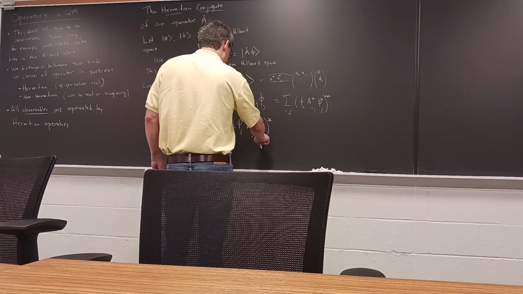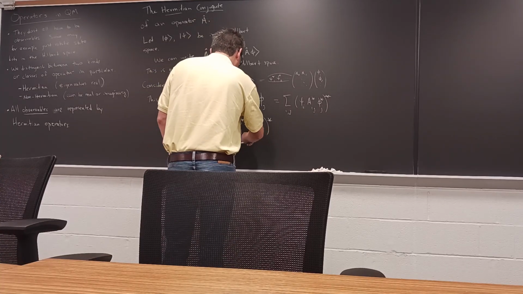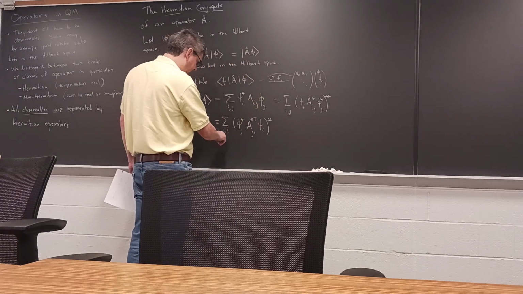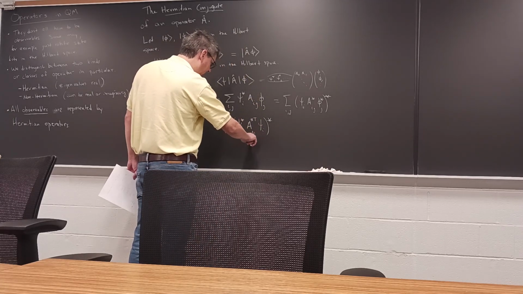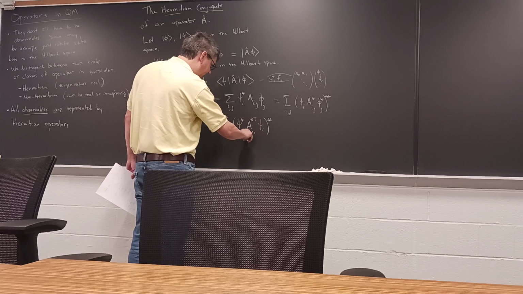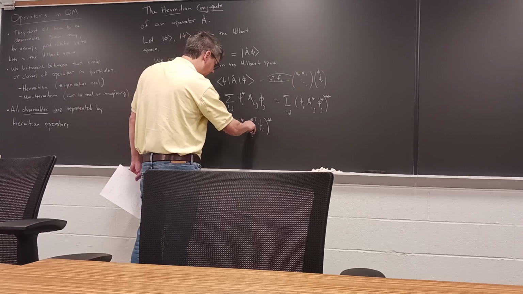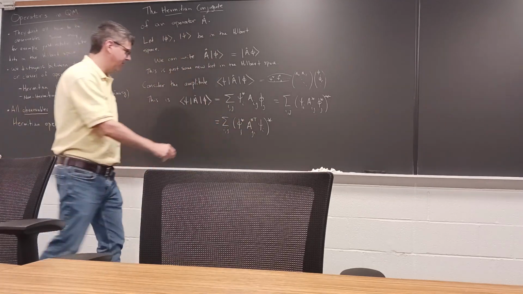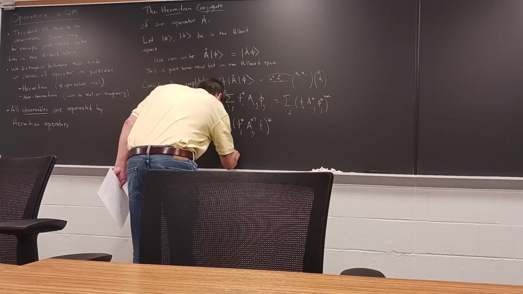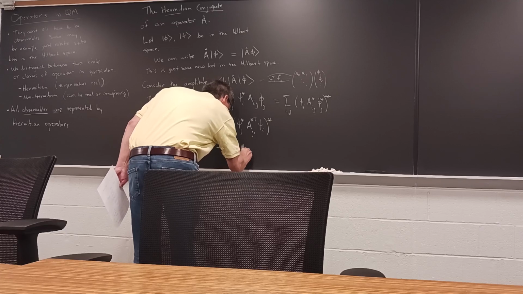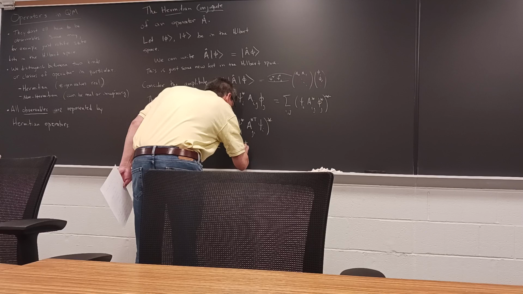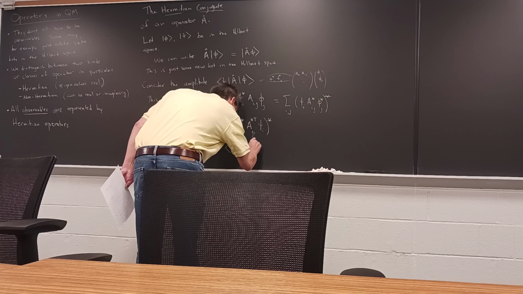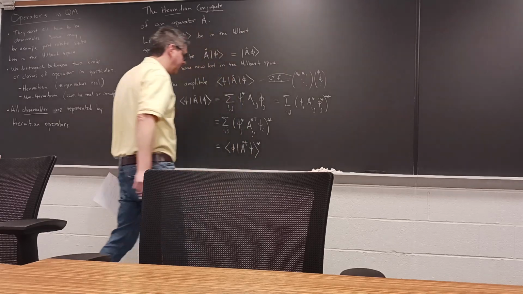So now what's this? If I sum over all of this stuff in here, this is a transpose, and with the star, there's a dagger here acting on psi. So this is phi, A dagger, psi, with the star.